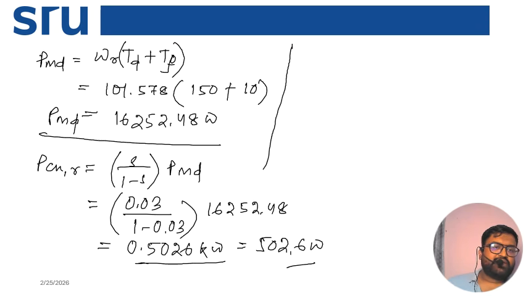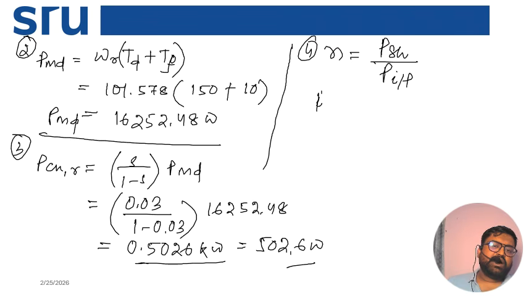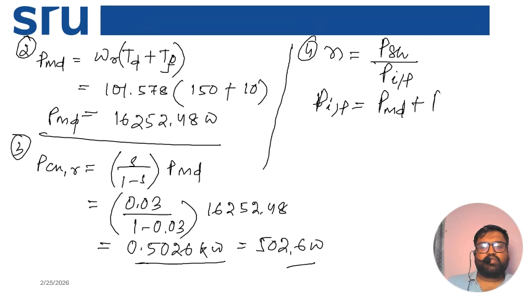This is your second point you calculated, third point you calculated, then the fourth one, that is your efficiency. Efficiency is output power, that is P shaft, by P input. How to calculate P input? We know that P input is nothing but the mechanical power developed plus P copper across the rotor, then P copper across the stator.